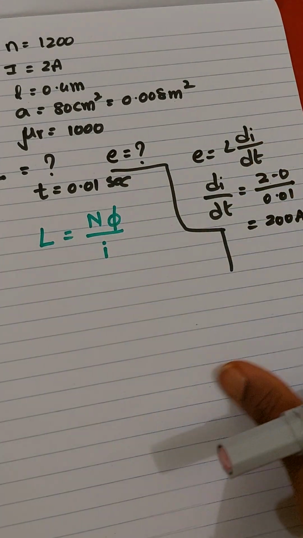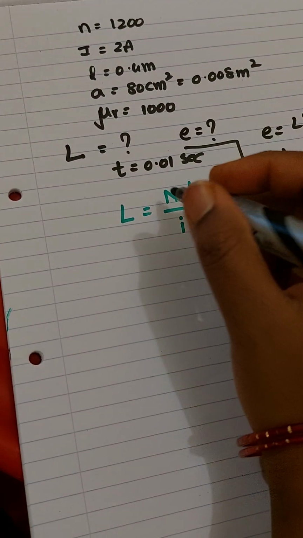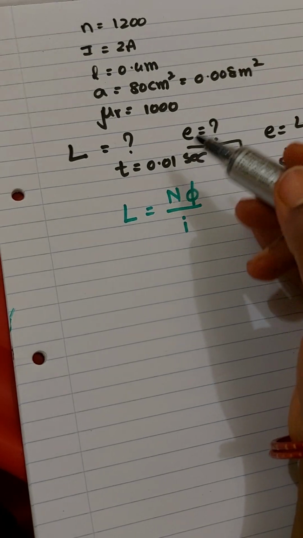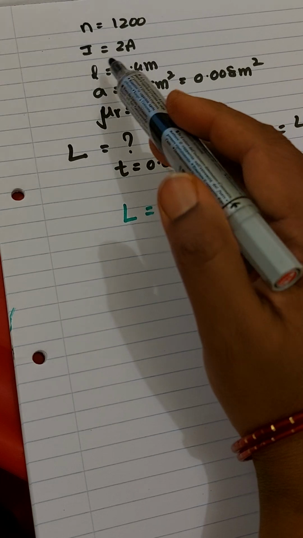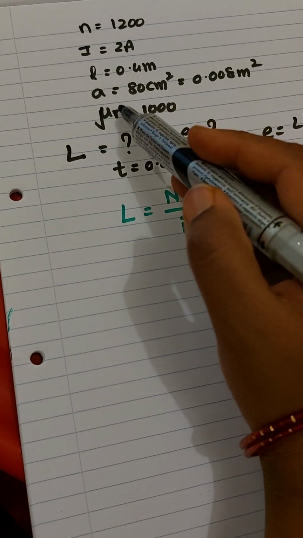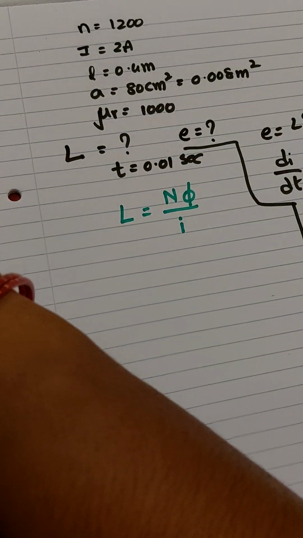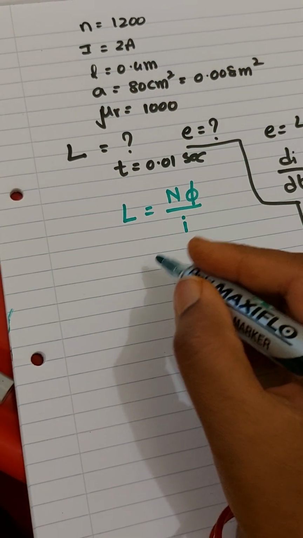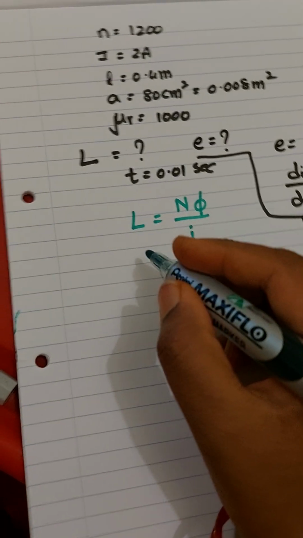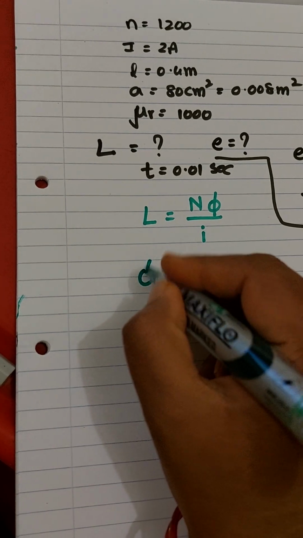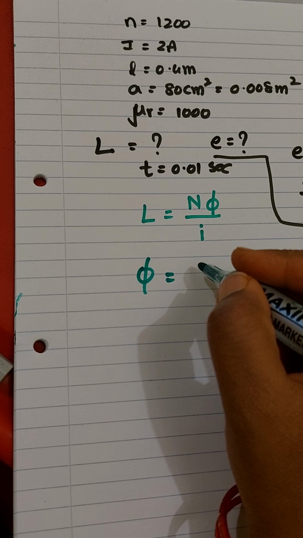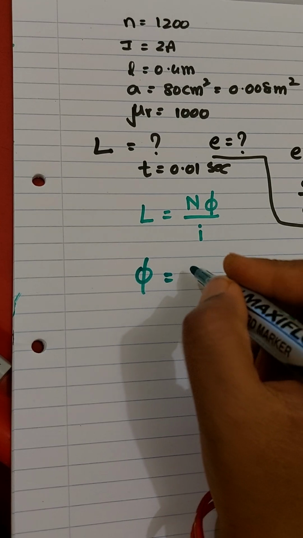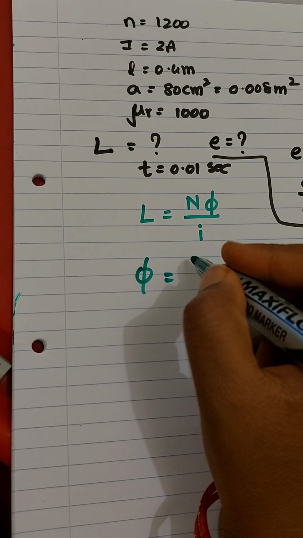To know L, we write N phi by I. N, yes I know. I, yes I know. But phi, I don't know. But phi is given in terms of length, area and mu r. Usually phi means flux, right?